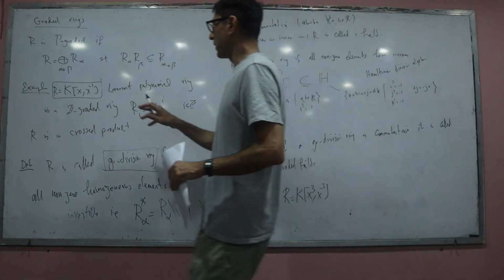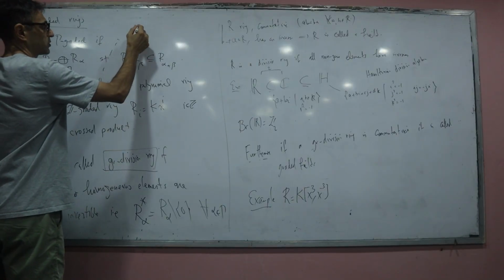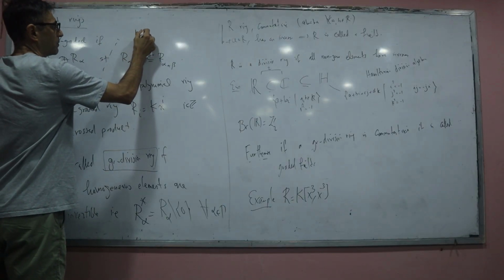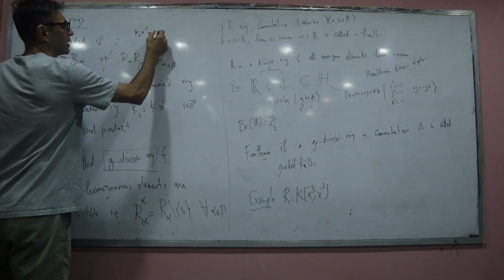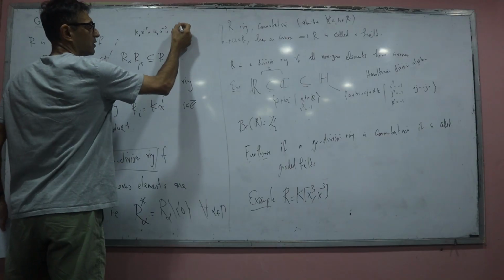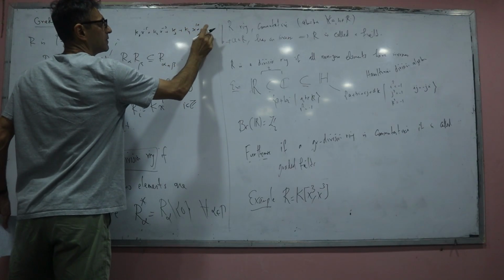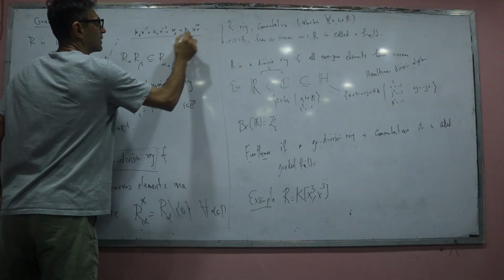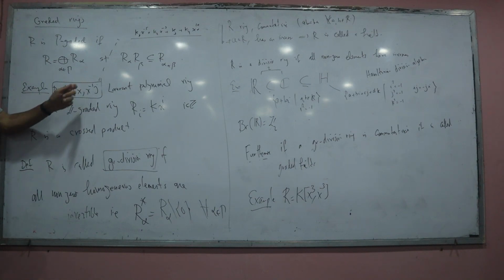So here, the polynomials are coming from x and x inverse. So an element here looks like k1 x^-5 plus k2 x^-3 plus k3, that's x to the power of 0, k4 x to the power of 10, and so on, right? But it's fine. So all the different powers coming from x and x inverse.